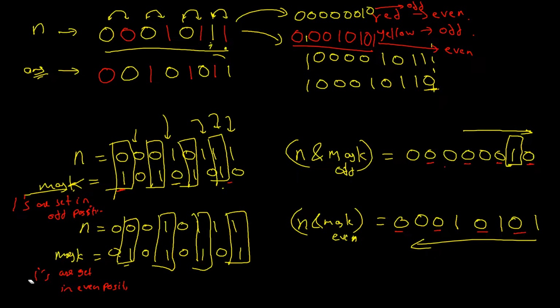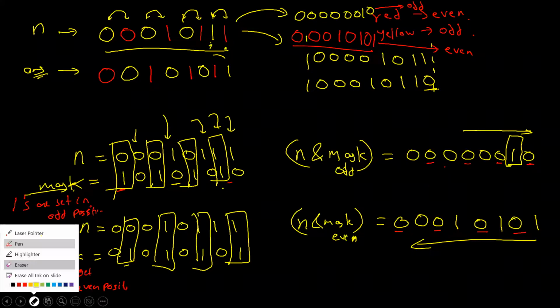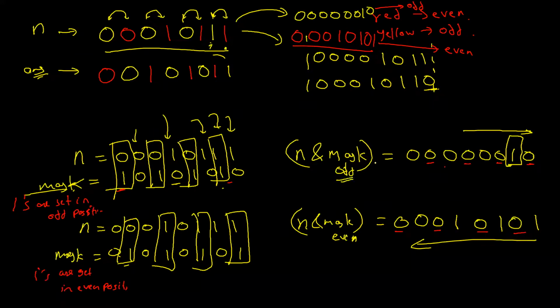Right? So in a way you're using this particular thing as a filter. ध्यान से देखो, you're using this particular thing as a filter to get only odd values to be set. बाकी even हो तो let them go, ठीक है? The same way using this filter you're only getting even values, ठीक है? Even values positions पे जो भी ones है उसी को ले रहा हूँ, और odd को अगर ones भी हो, देखो यहाँ पे one है odd, लेकिन मैं zero कर दिया क्योंकि मुझे फर्क नहीं पड़ता उससे, ठीक है?